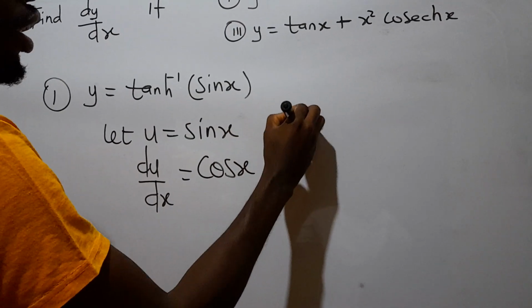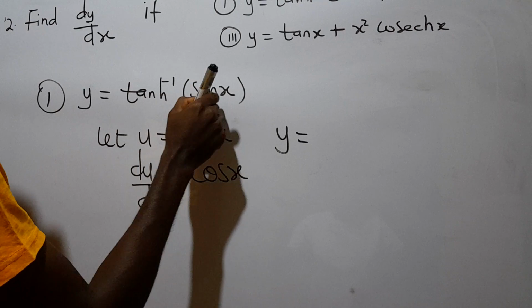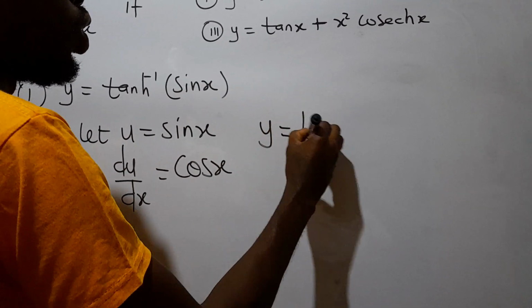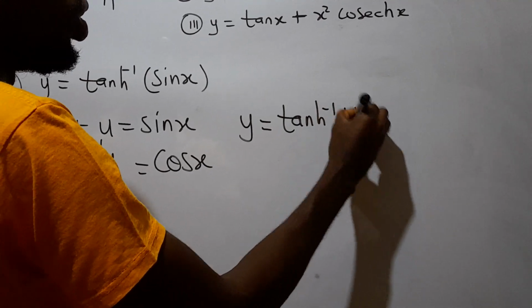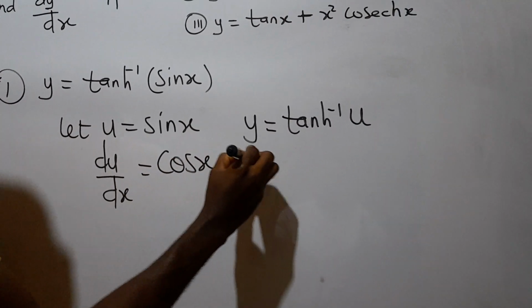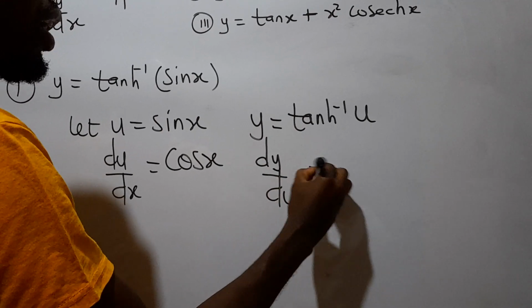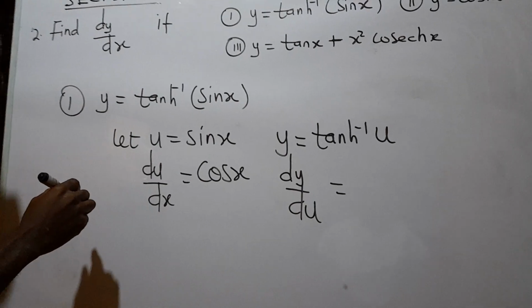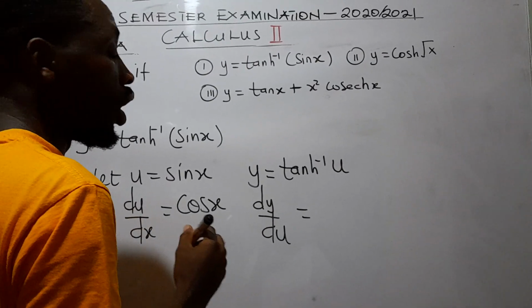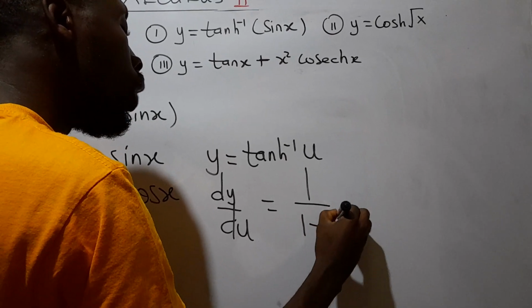Then our y will be equal to, in place of sin x, we substitute u. So we have y equal to tan inverse of u. Then we differentiate that. Our dy over du. Remember the differentiation of inverse hyperbolic. Please check out my videos on differentiation of inverse hyperbolic functions. This will just be 1 over 1 minus u squared.